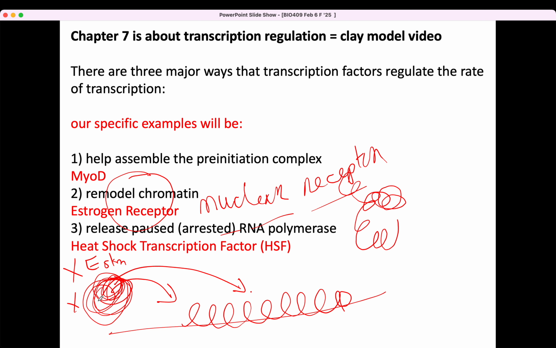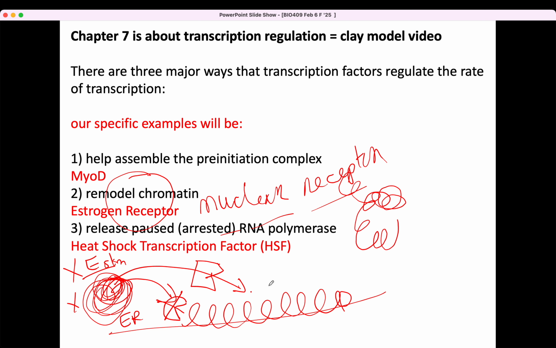And they do that because in the absence of estrogen, they recruit an enzyme whose activity is to modify proteins and cause the DNA to fold up and be inaccessible to TATA-binding protein and RNA polymerase and those other proteins. And then when estrogen arrives, the estrogen receptor, ER, lets go of this enzyme and now binds a different enzyme that does the exact opposite chemical reaction.